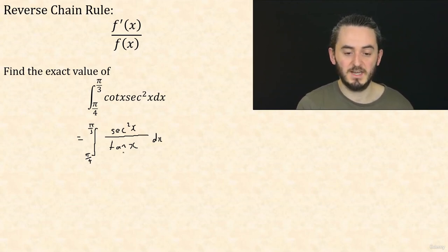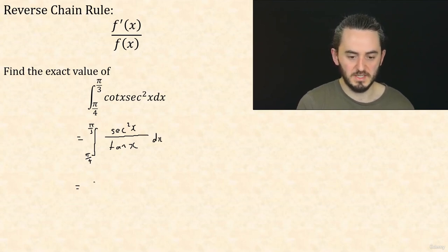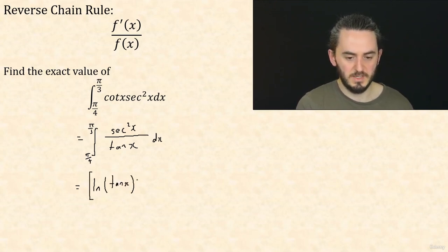And since it's the exact derivative, I don't need to bother with my guessing and checking. This just is ln of that denominator, ln of tan x, and I'm going with limits of pi over 4 and pi over 3.